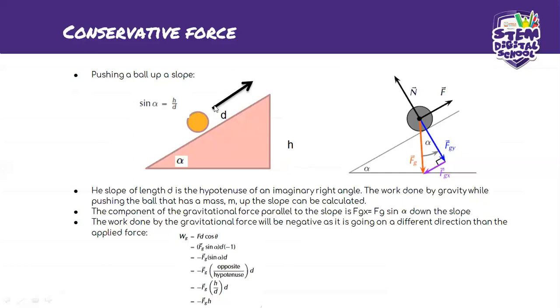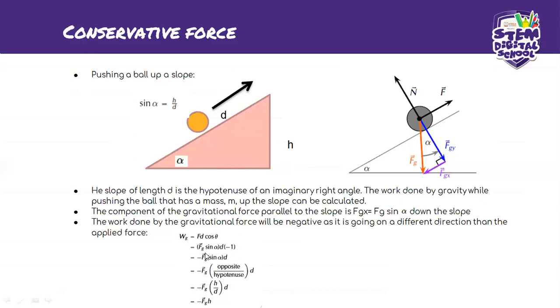Okay, opposite over hypotenuse is sine theta. So in this case, we're not going to use cos theta. We're going to use sine theta, and then d is our distance, and that is times minus 1. Okay, and this is what you're going to get. It's going to be a minus.